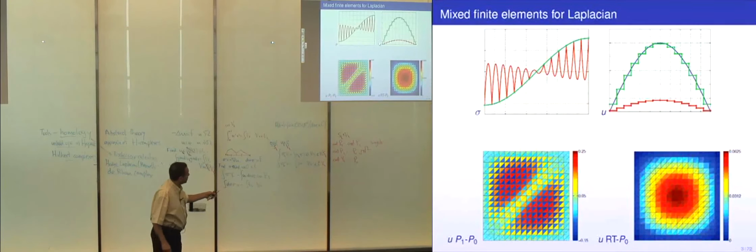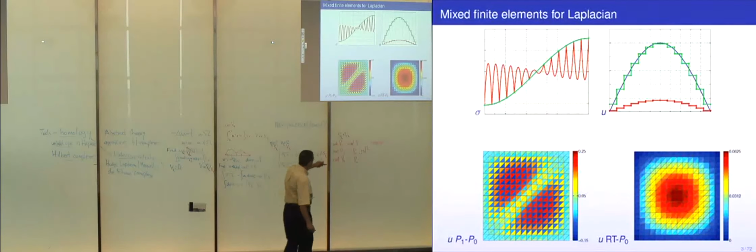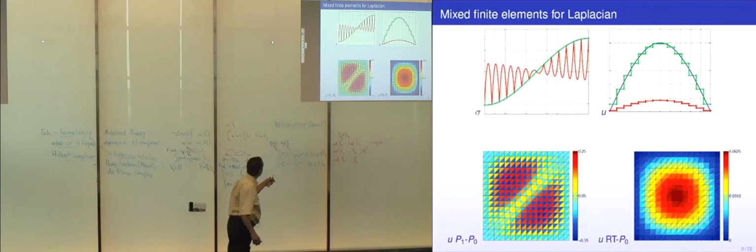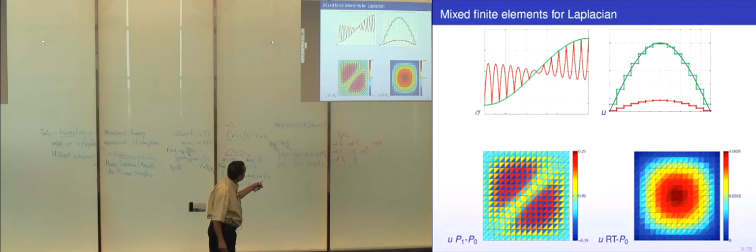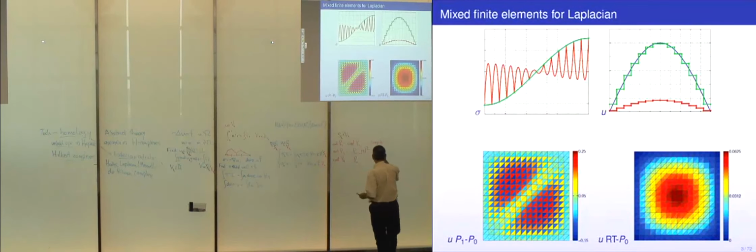So u is a piecewise constant, and that's why we have this green piecewise constant. And it's doing about as well as a piecewise constant could do. So this is working well, for u at least. And if we look at the green curve for sigma, well, sigma is piecewise linear now, and it's hiding the blue curve, so it's doing perfectly well. So this works.